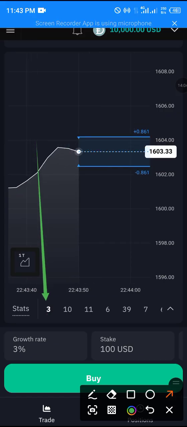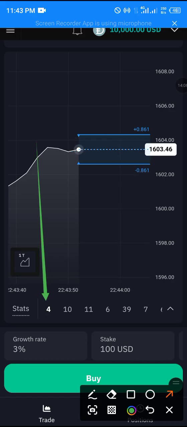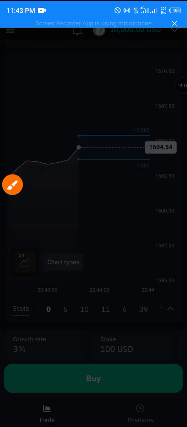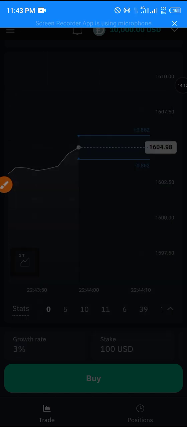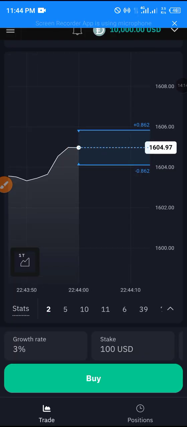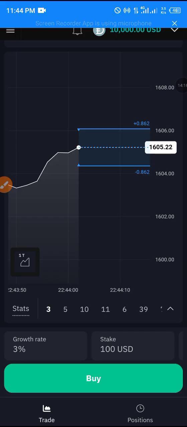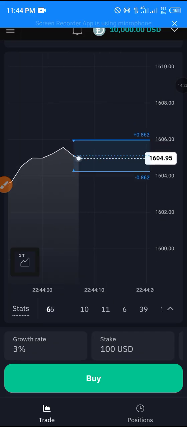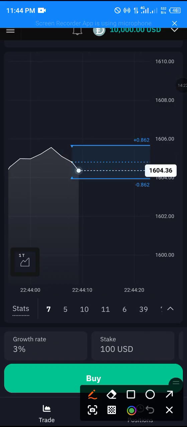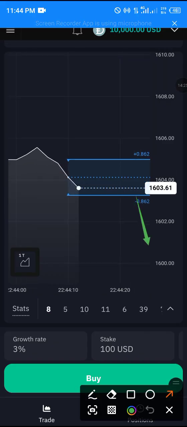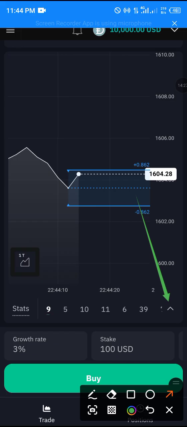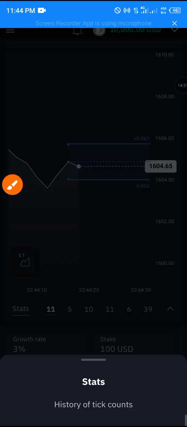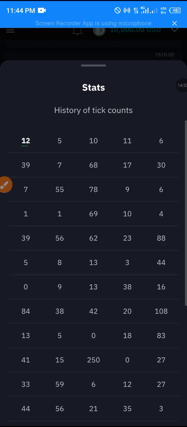Now if you want to enter into this, these are ticks. We call them ticks. So you have to be a kind of watching the ticks. If you come to this place now, you click on that place I showed you, and you see the number of ticks that have happened.